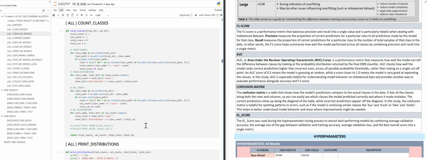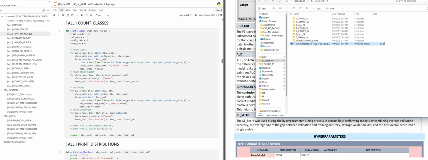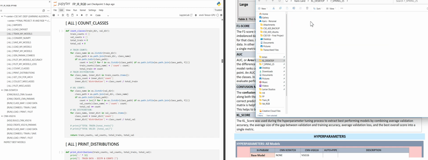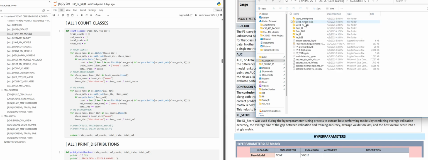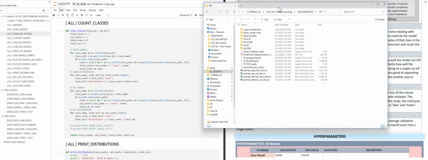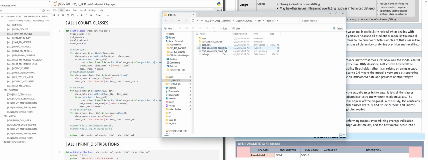And then I noticed that the files that were included in that were, let's see here, the annotated COCO annotation counts.